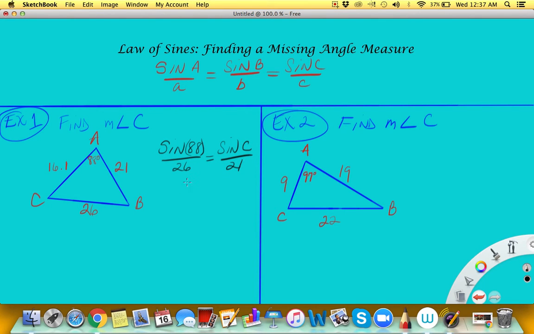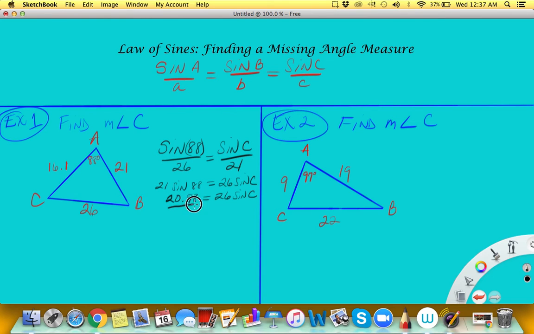Still want to cross multiply in this case, so we're going to say 21 sine 88 equals 26 sine C. Now when we multiply on the left side, 21 sine 88 is going to give me 20.98, which is equal to 26 sine C.